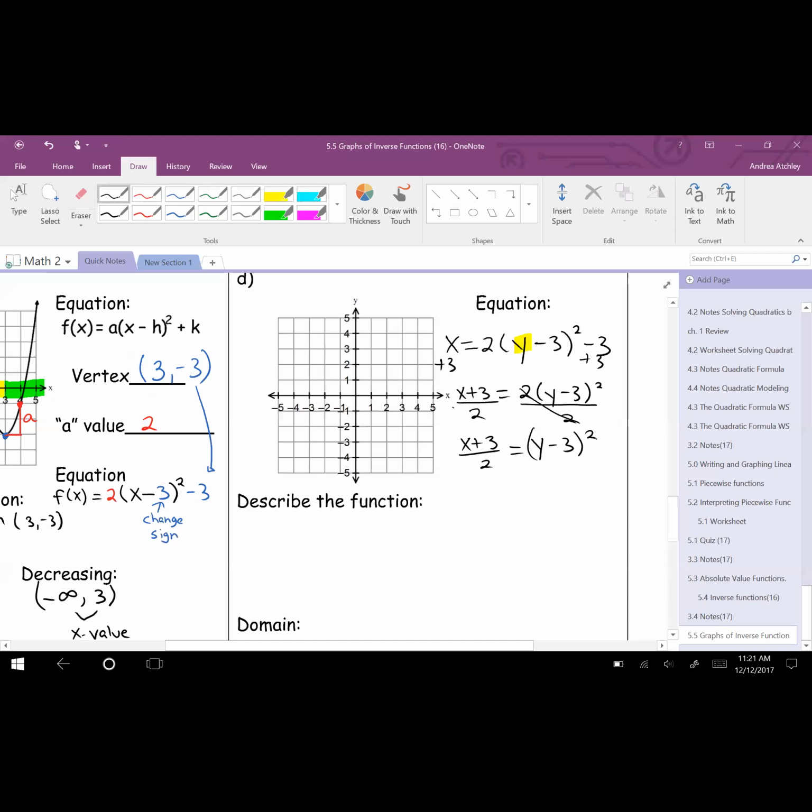Now what should I do? Square root. So this is going to give me plus or minus the square root of x plus 3, the whole thing over 2, and it equals y minus 3.